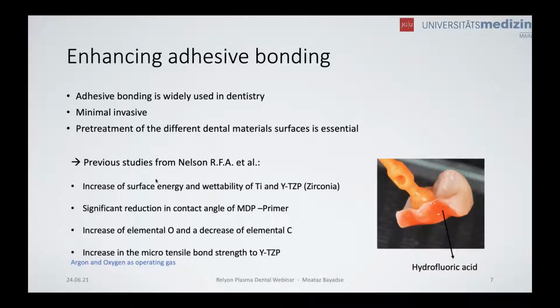They also reported that an increase in the tensile bond strength on zirconia surfaces was achieved, but unfortunately they used argon and oxygen as operating gases, which leads us to our study.